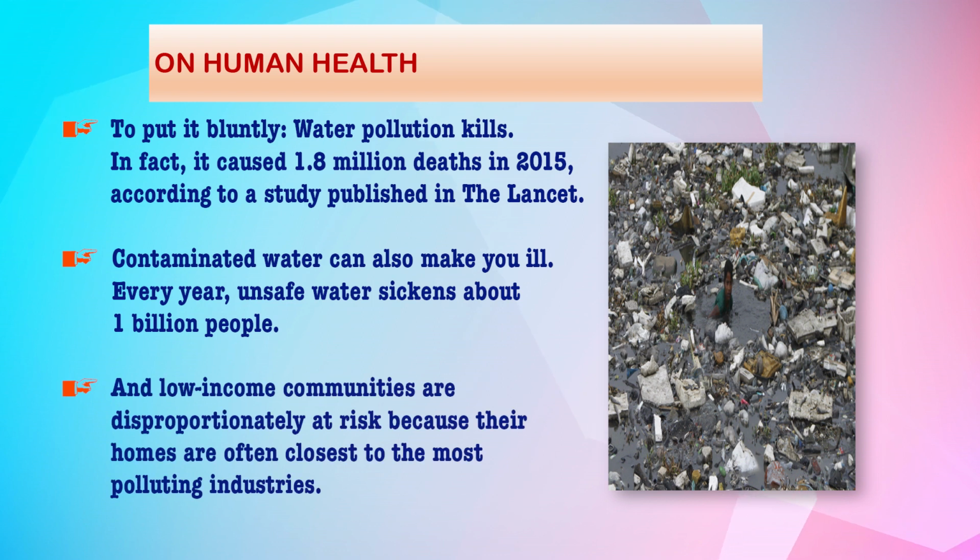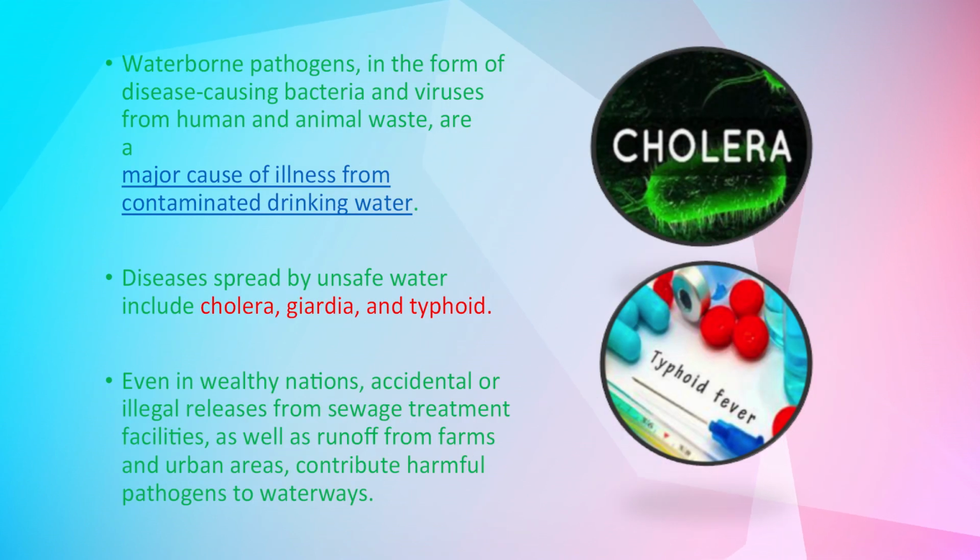In low income countries, communities are disproportionately at risk because their homes are often closest to the most polluting industries. Waterborne pathogens in the form of disease-causing bacteria and viruses from human and animal waste are the major cause of illness from contaminated drinking water.